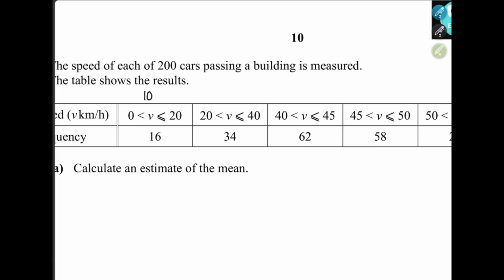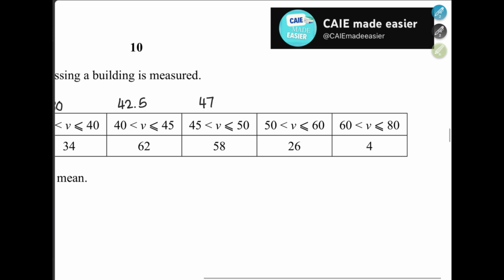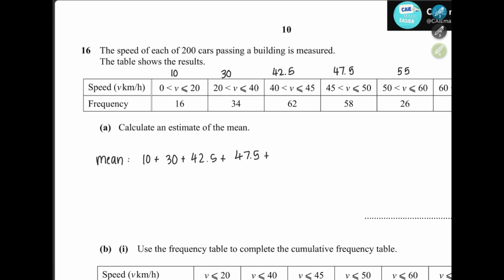Next, 40 plus 20 divided by 2. It's going to be 30. And then 45 plus 40 divided by 2 is going to be 42.5. If you do that for all of them, you will get 47.5, 55, and 70. Now the mean is going to be 10 plus 30 plus 42.5 plus 47.5 plus 55 plus 70 divided by the sum of frequency.